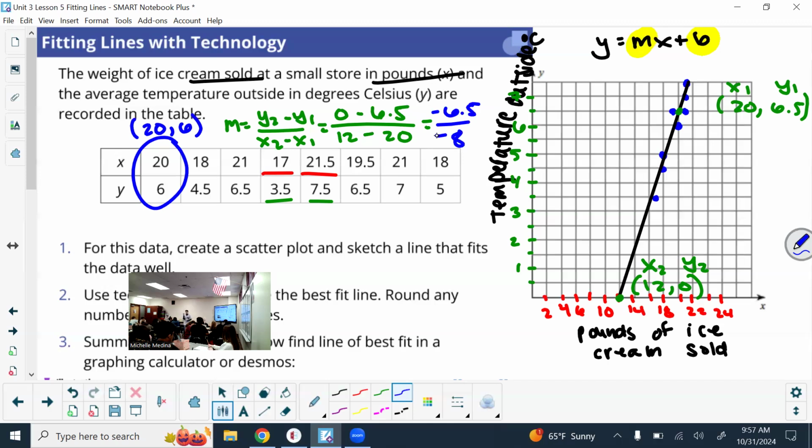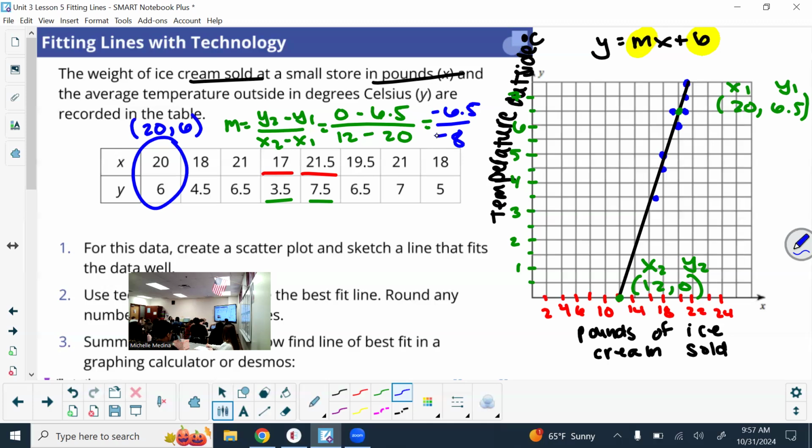And then use your calculator to get a decimal for the slope this time. This time we don't really want it to be fractions, and you'll see why eventually. All right, but a negative divided by a negative is a positive.